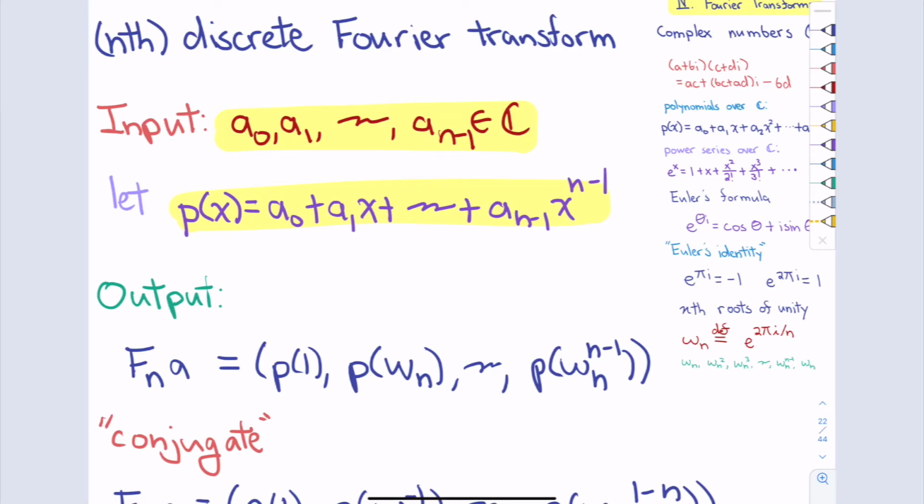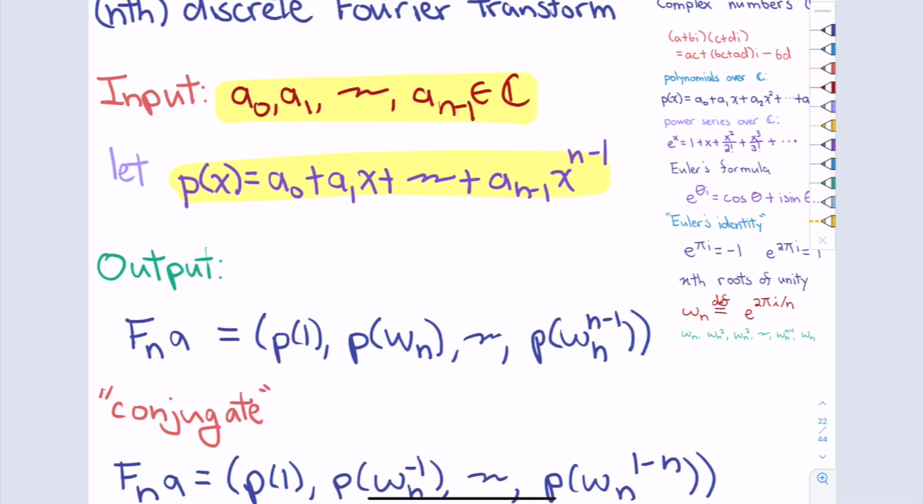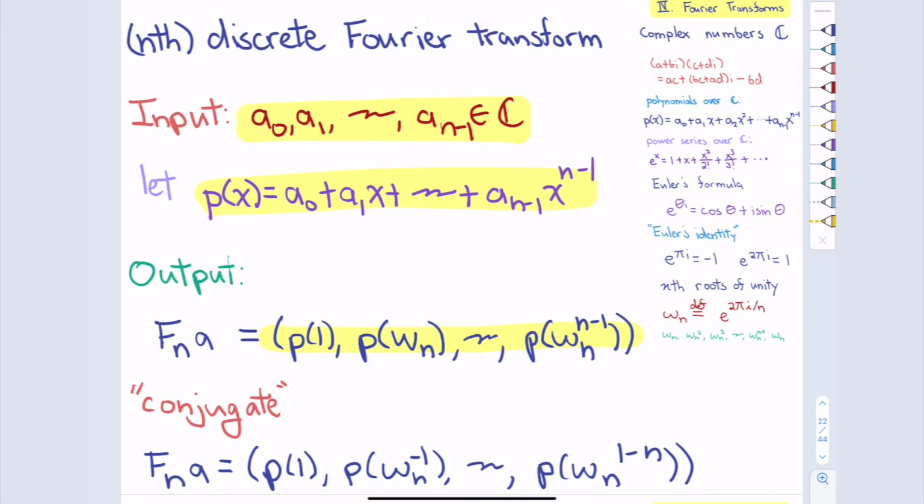What the nth Fourier transform does is take this polynomial and evaluate it at all nth roots of unity. It takes a polynomial with n coefficients, evaluates it at n points, and returns those complex values. That's all we're trying to do.